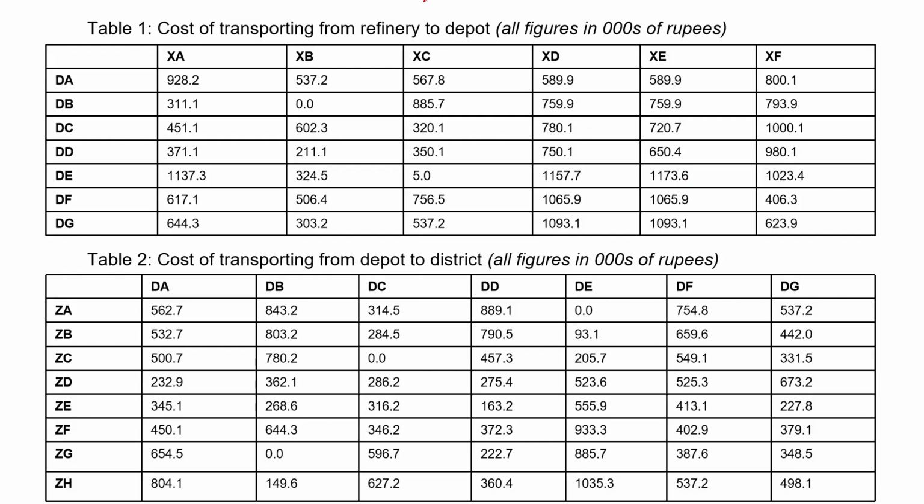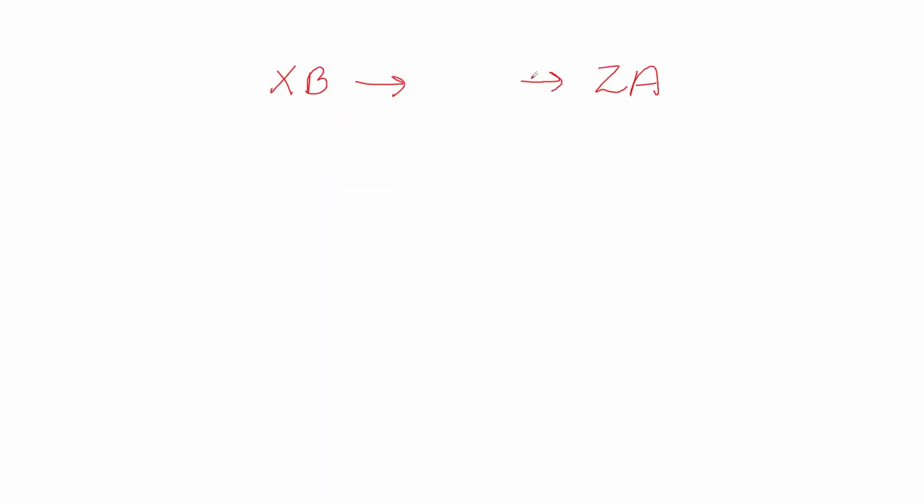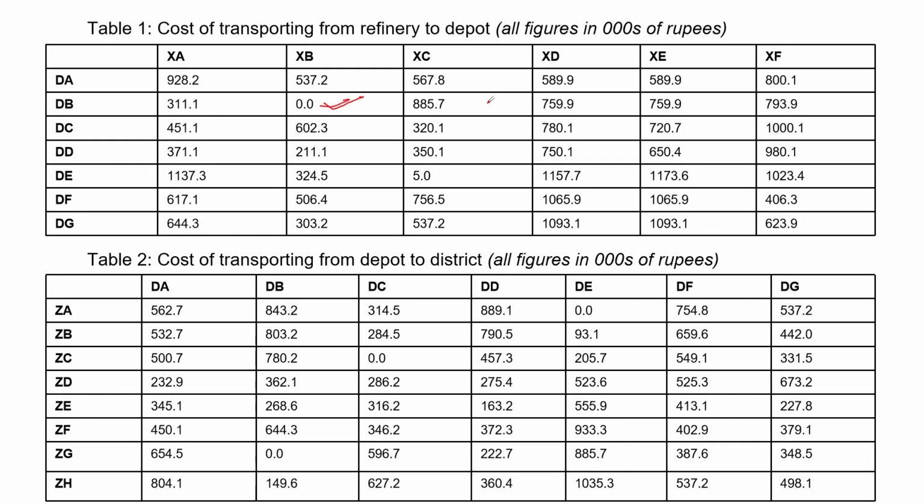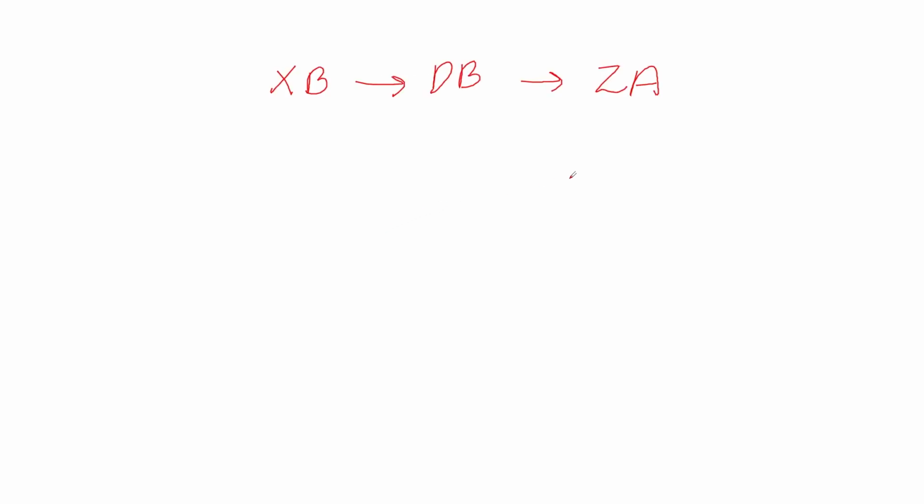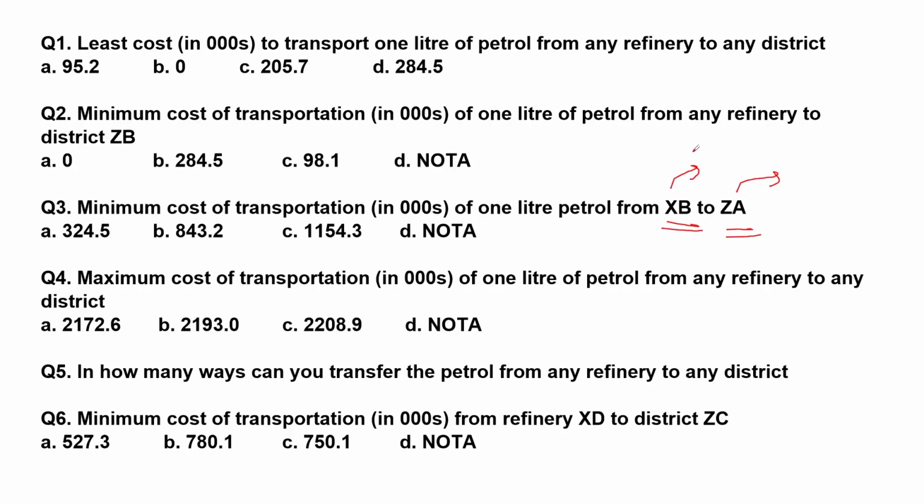Starting from XB to any depot, the minimum price is 0, right? I have to find the minimum, so I look for the minimum value. So DB. So it goes from XB to DB in 0 rupees. And now from DB to ZA, it goes in 843.2 rupees. So obviously all the values, please remember whatever I am referring to over here, it is in thousands.